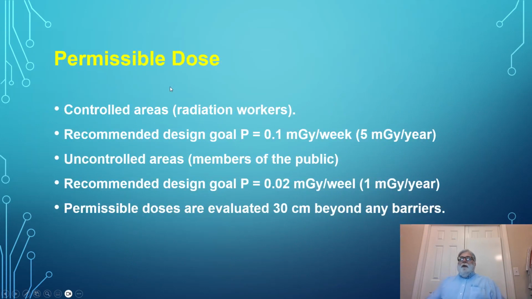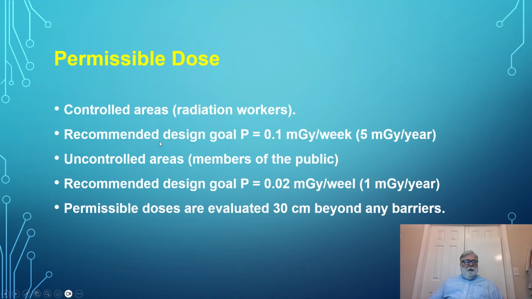Okay. Now, what is the permissible dose? We've been talking about the P as a parameter. In this part of the video, we're going to talk about these parameters and how you choose the parameters to use. P has two possible values. If it's a controlled area, then P is set to 0.1 milligray per week. That's 100 millirem per week.